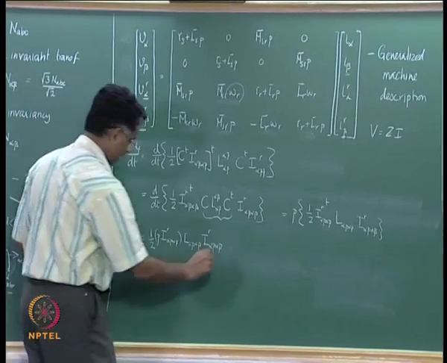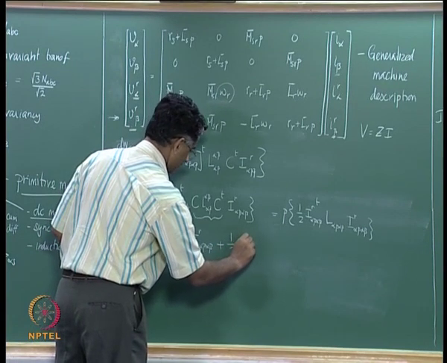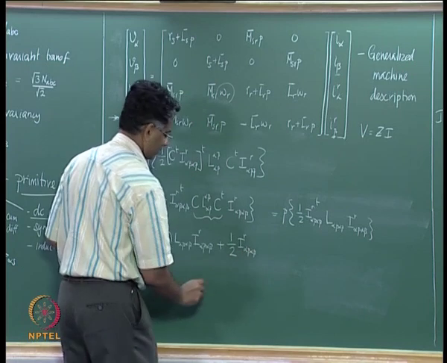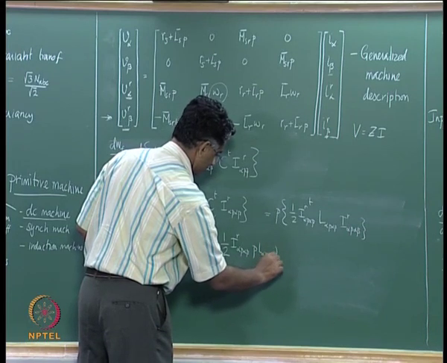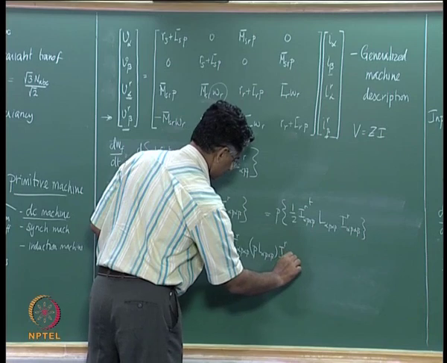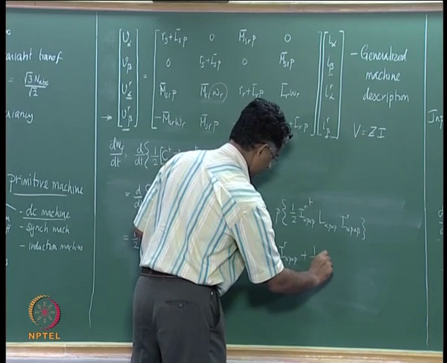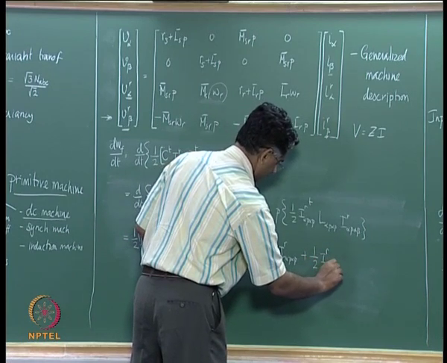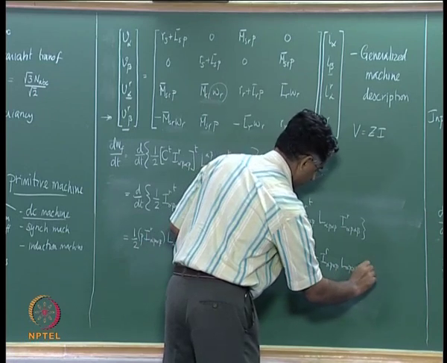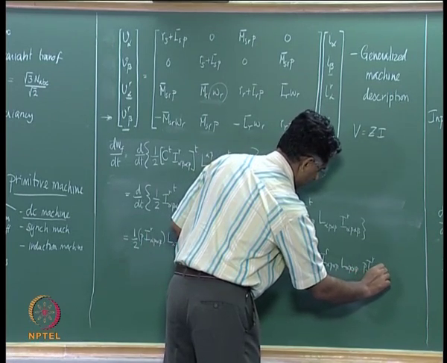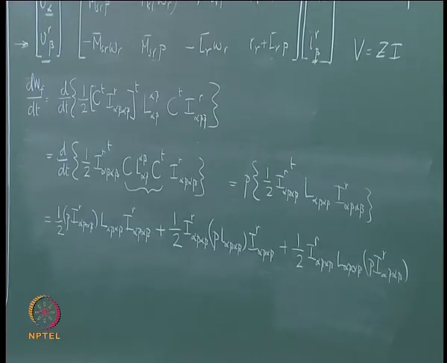This is the first term, and then you have the second term, which is half of I r alpha beta multiplied by P of L alpha beta multiplied by I r alpha beta, and then the third term gives us half of I r alpha beta L multiplied by P times I r alpha beta. So these are the three terms that come about on differentiation.